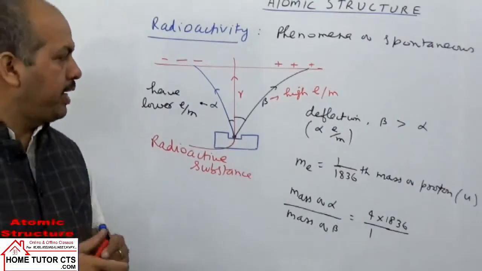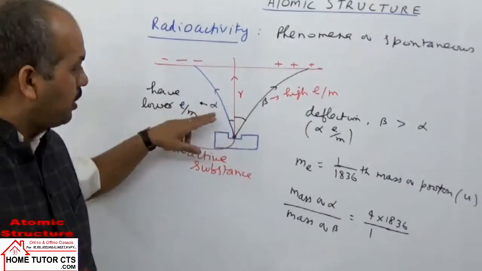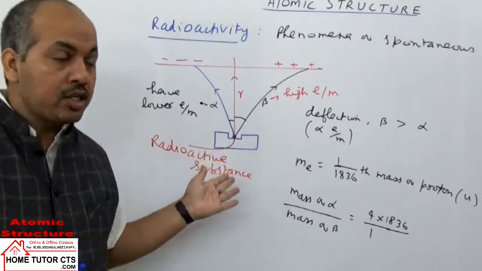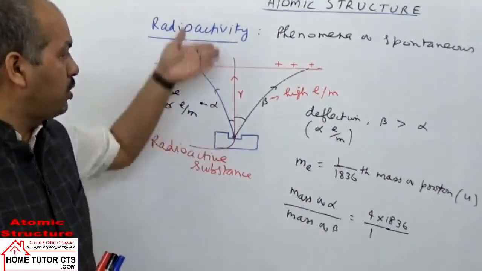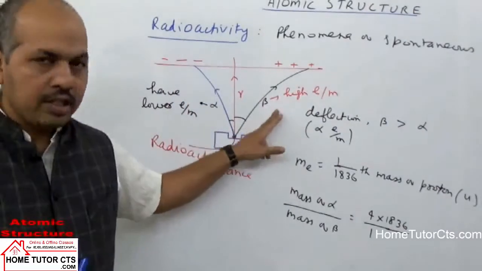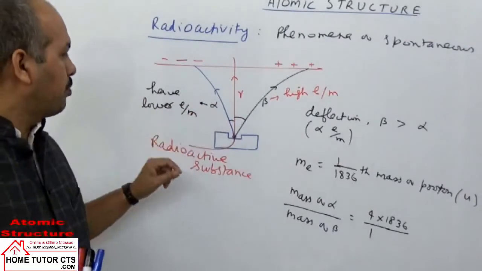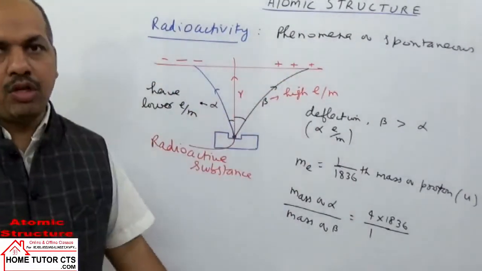The deflection is not equal. Alpha particles deflect toward the negative plate and beta particles toward the positive plate, whereas gamma radiations pass through the electric field without any deflection. I hope it is clear. Deflection depends on the charge to mass ratio: alpha particles show low deflection, beta particles more deflection.